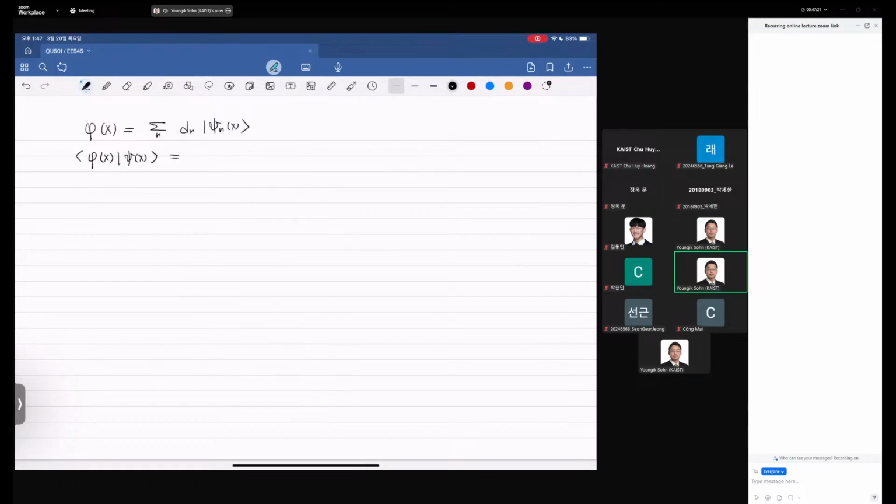You have this row matrix, and there will be a column matrix C1, C2, C3, and so on. And that is supposed to be the same as this, our spatial integral definition of inner product. They're all equivalent.